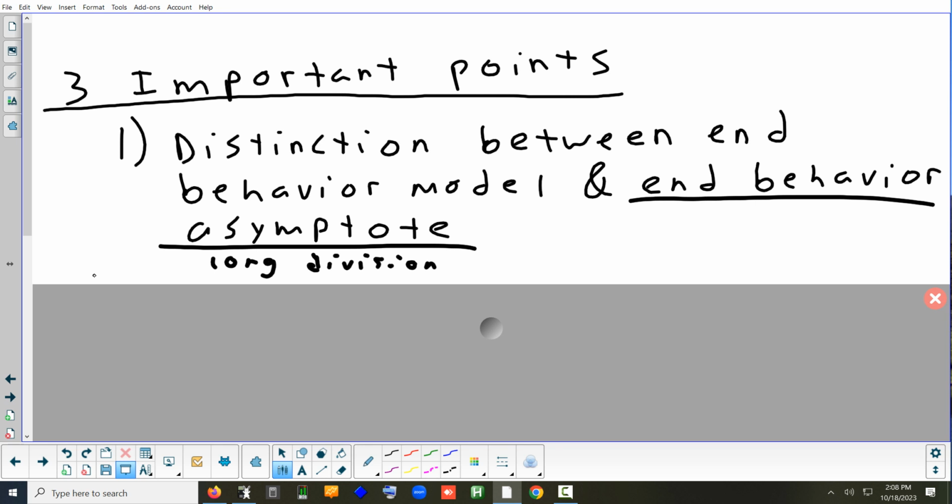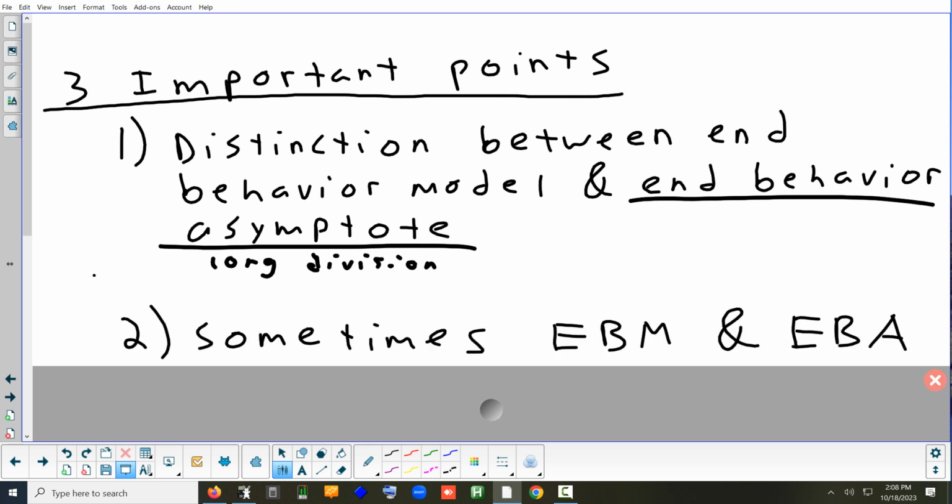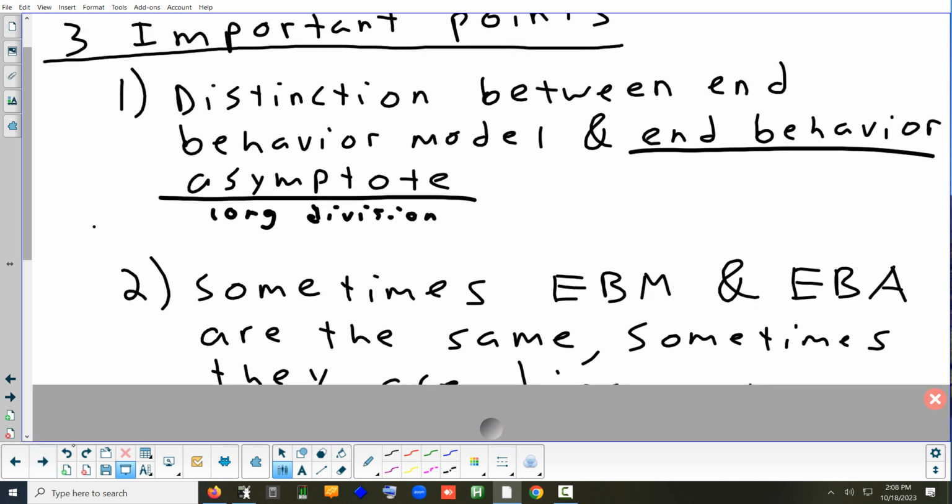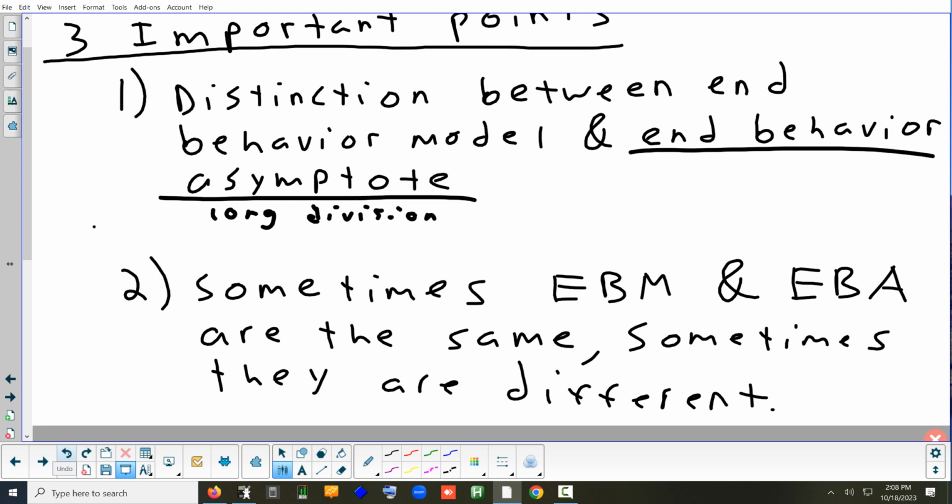That's a lot easier. Okay, so end behavior model is what we did yesterday. Sometimes the EBM and the EBA are the same, sometimes they're different. It depends on the problem. So EBM: highest degree term in the top, divided by highest degree term in the bottom. EBA: long division. But they could come out the same depending on the problem.